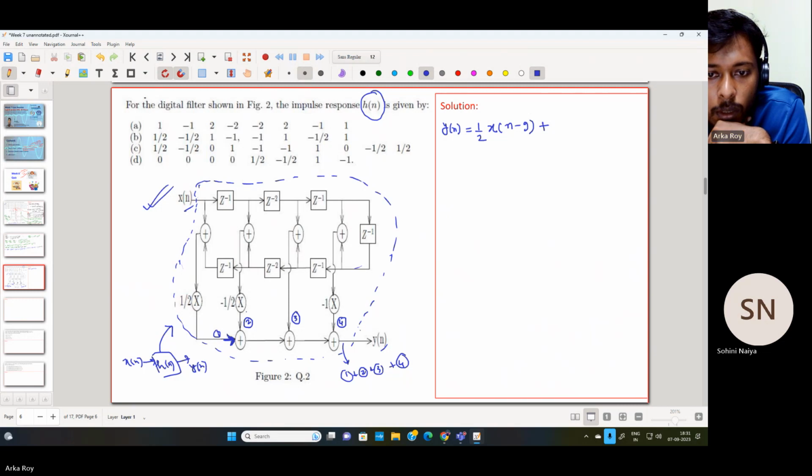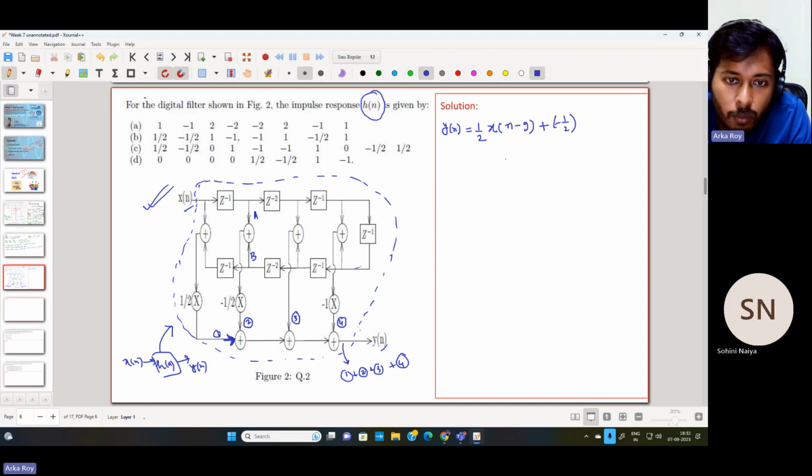Then we need to talk about the second component. The second component is coming from this path, let's say A, and this path B. So A and B are added, then minus half is multiplied, and then we'll get the second component. Obviously we can see there is a multiplication factor of minus half, and the operand is basically the summation of A and B. So we need to say what A and B signals are coming over here.